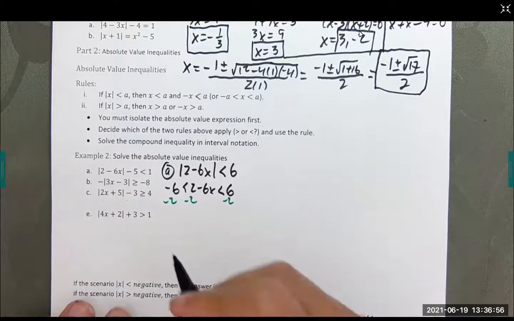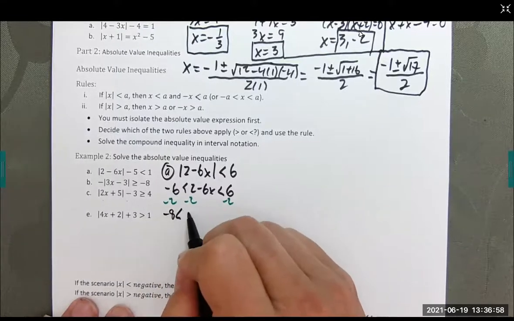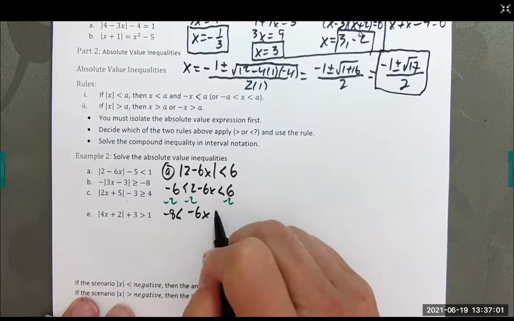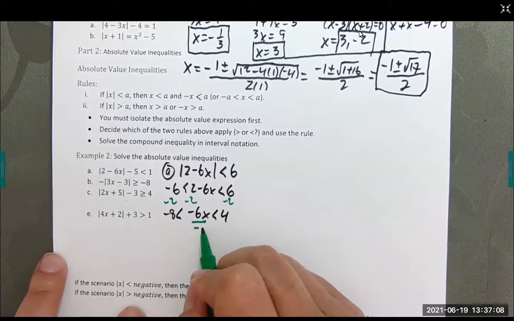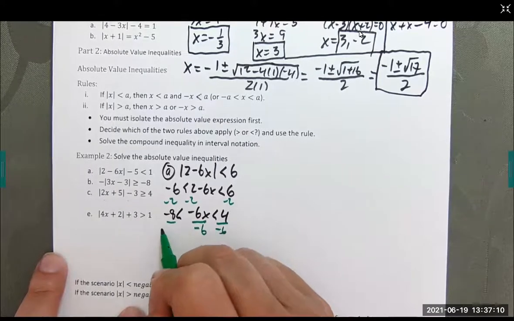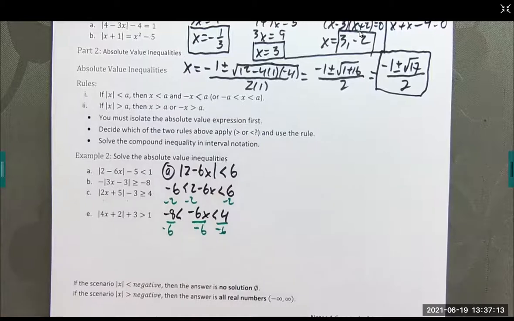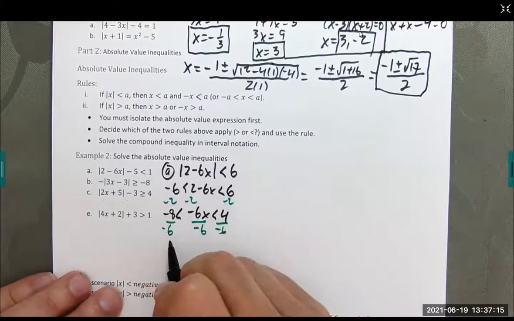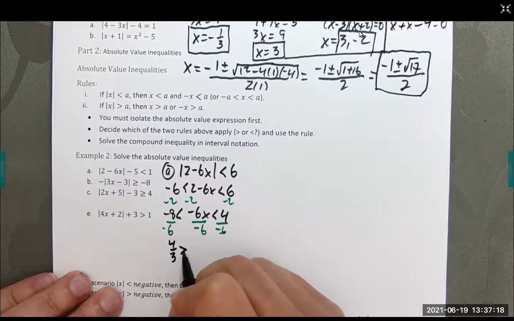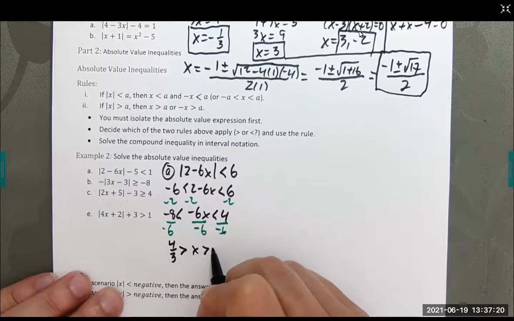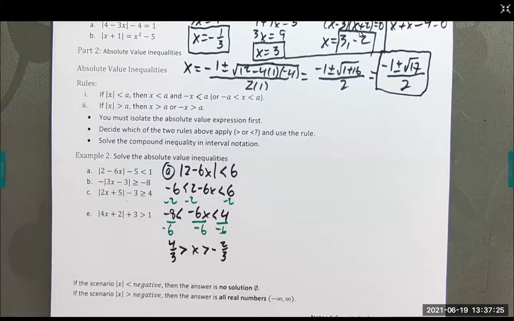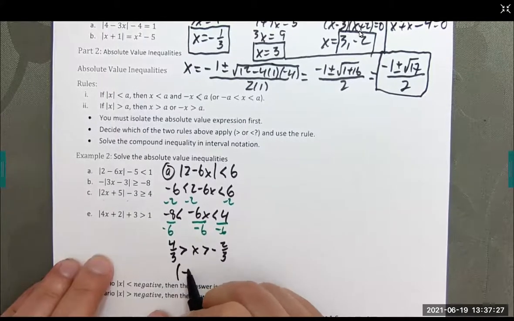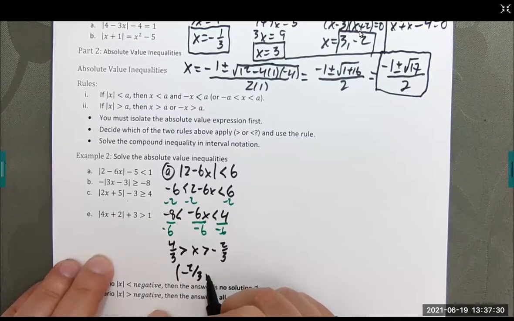So we have -8 less than -6x less than 4. And now I'm going to divide, be careful, by a -6. So this becomes 4/3 is greater than x, which is greater than -2/3. And if we write this in interval notation, this is -2/3, comma 4/3.